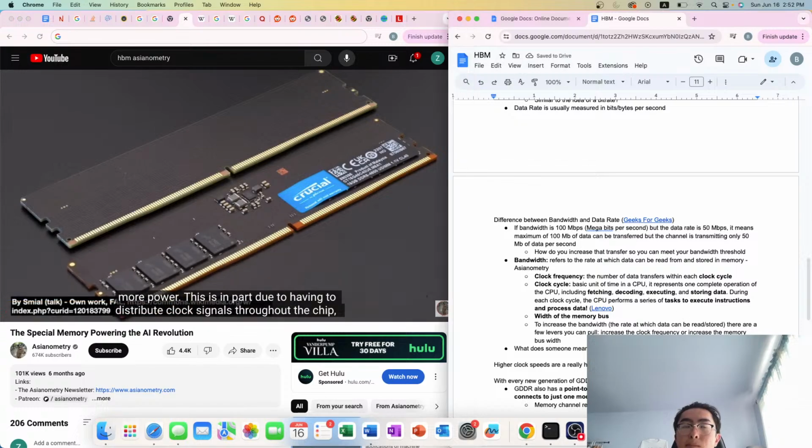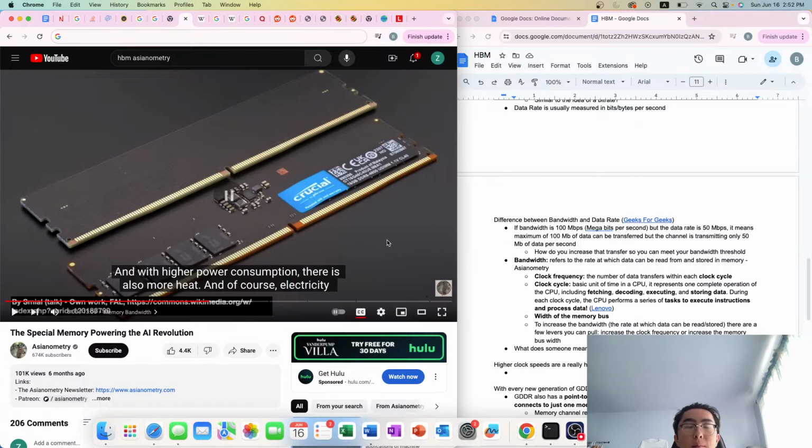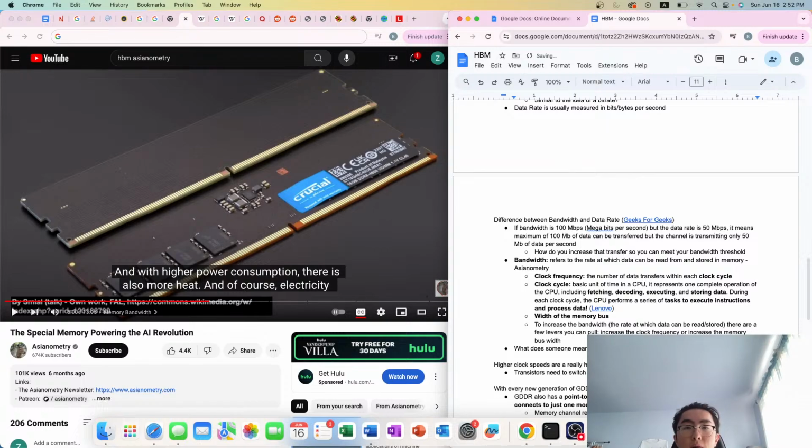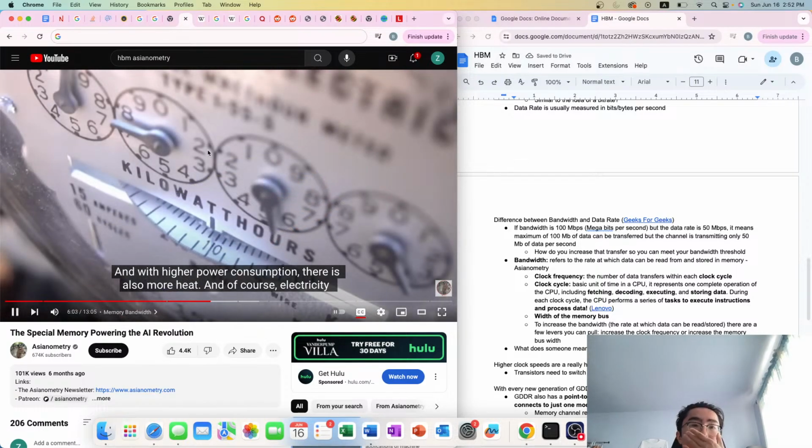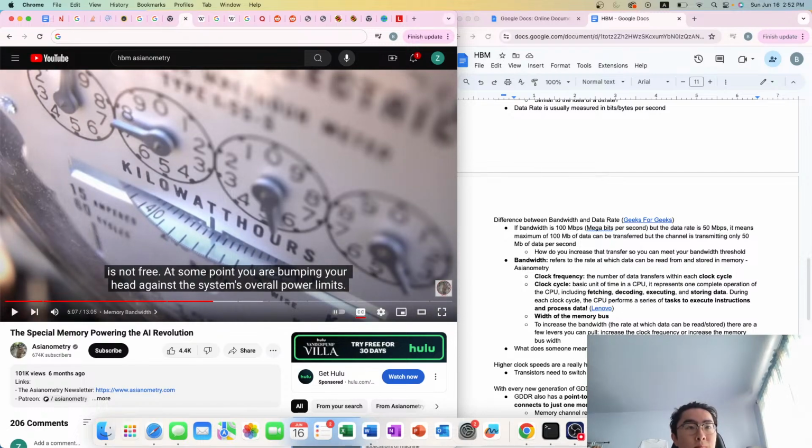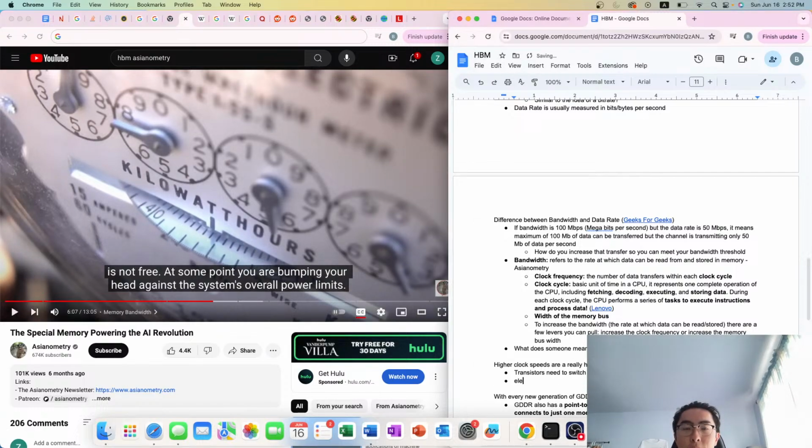This is in part due to having to distribute clock signals throughout the chip, and also that the transistors in the memory chips and the memory bus have to switch more frequently. With higher power consumption, there is also more heat. And of course, electricity is not free.